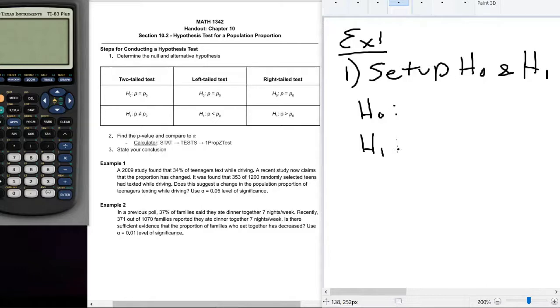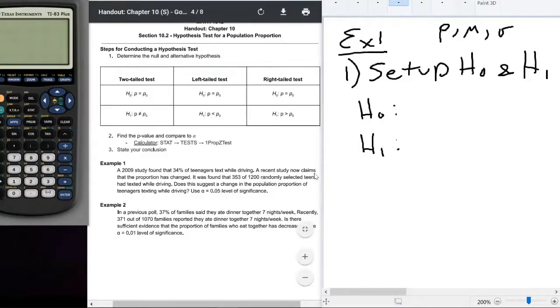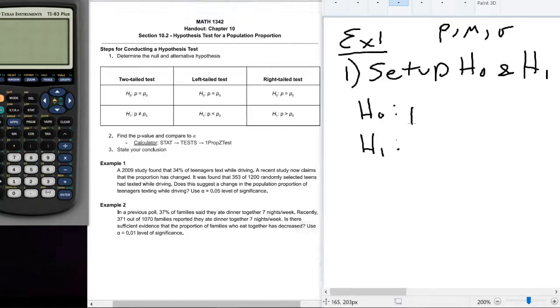And when we say parameter, we're either looking at proportion, mean, or standard deviation. So we're looking to identify one of those three in the problem. If you notice, going into the problem here, we say a recent study now claims that the proportion. So we're dealing with proportion. So we're going to set up proportion for both hypotheses.